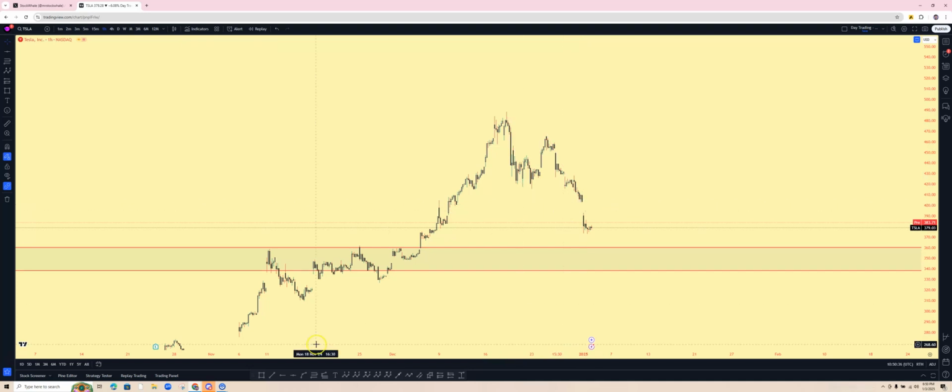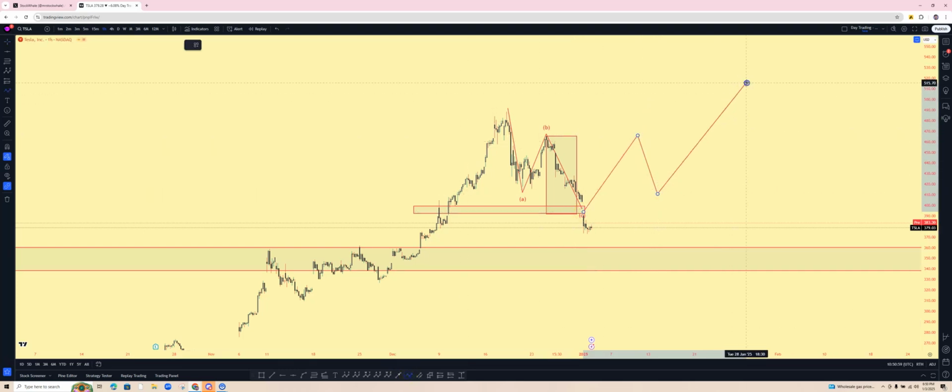If you take the height of wave A and project it out from wave B, it should have stopped around this level here. That should have been a 1-to-1 A, B, C, and then we could have bursted from here. But it didn't. We're retracing a bit deeper now.